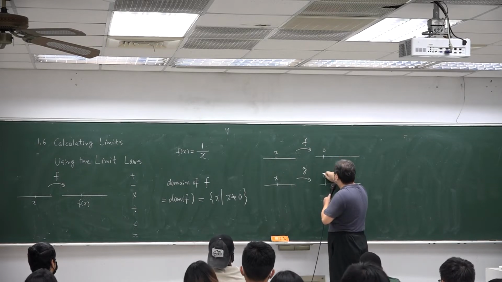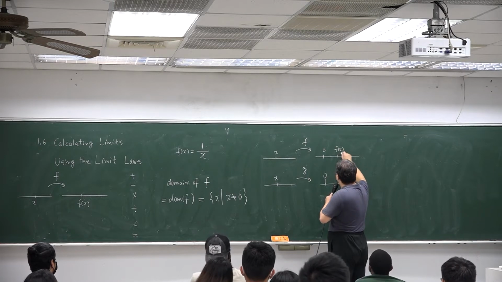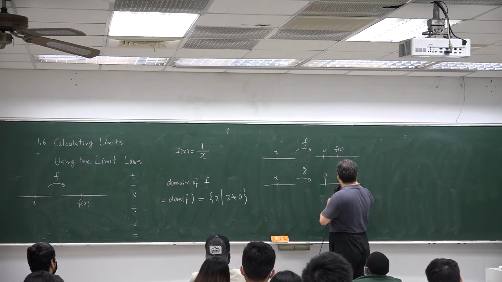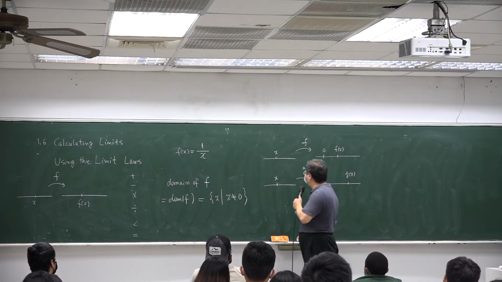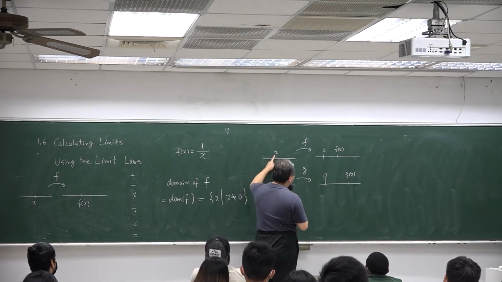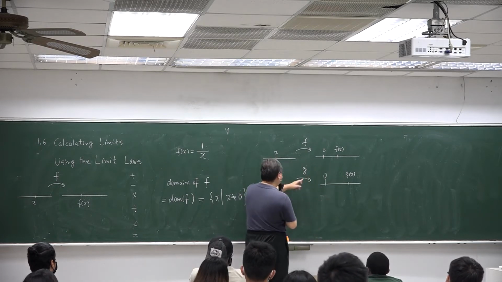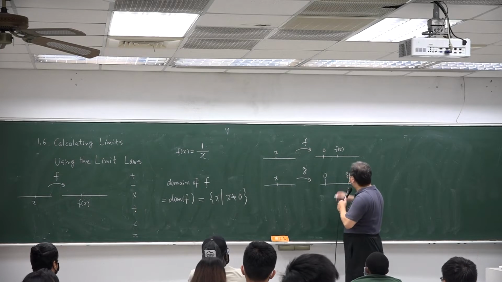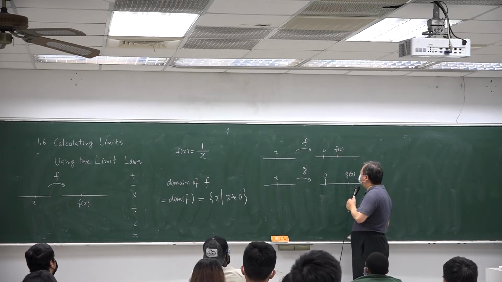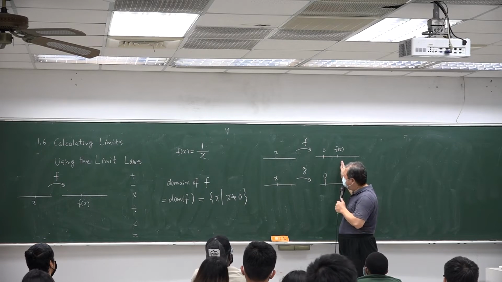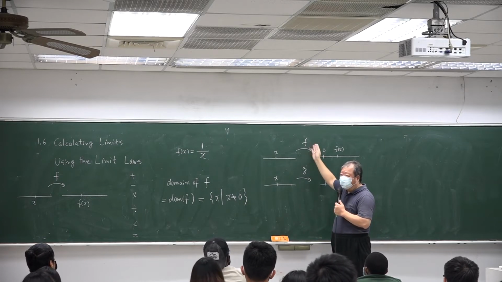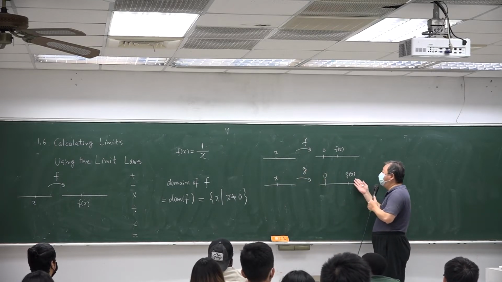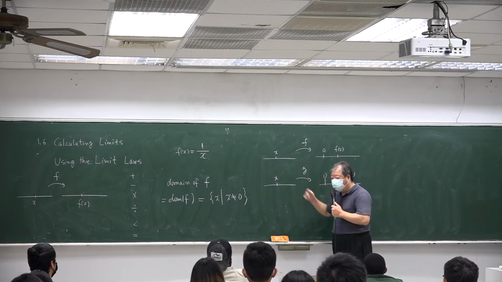Suppose f of 3 is 5, and g of 3 is 8. Because this is a number, and this is also a number. This number is determined by this relation or rule f and the number x. Also, this is a number, determined by this relation and this number.